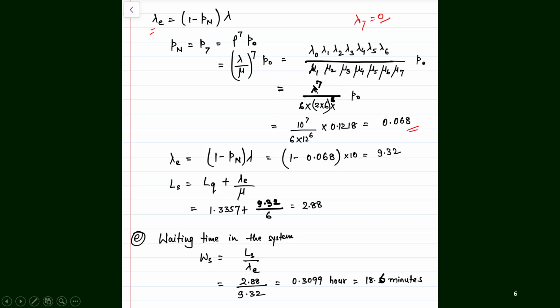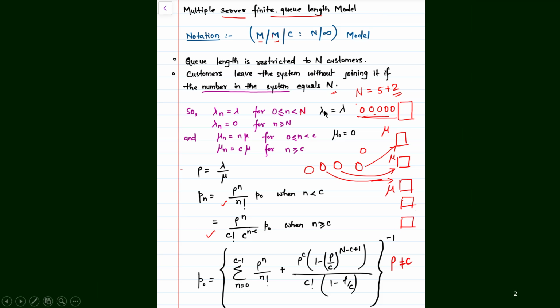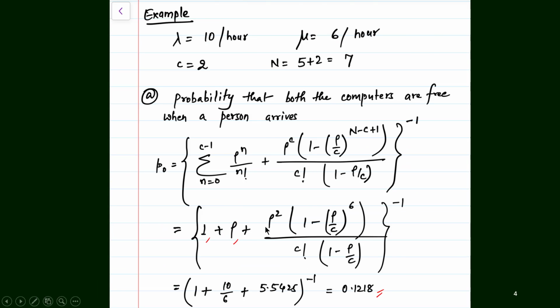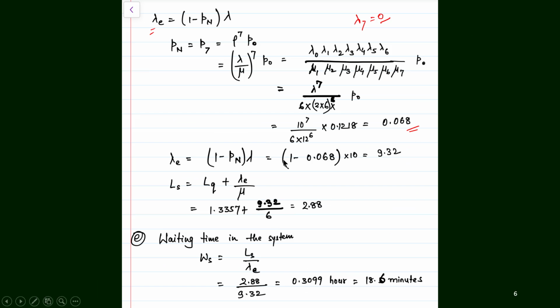And mu 1, what is the value of mu 1? It is equal to 1 into mu, and 1 into mu is equal to 6. So this formula is already given. If you don't understand that explanation, then use simply this formula and get the value of Pn. So we have got the Pn value.